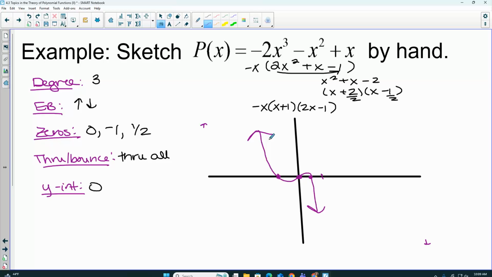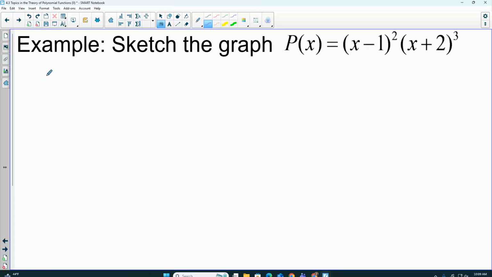All the problems we've done so far, the multiplicities have been 1. Let's do some that aren't 1 and make sure we know how to handle that. So let's say I gave you this one.